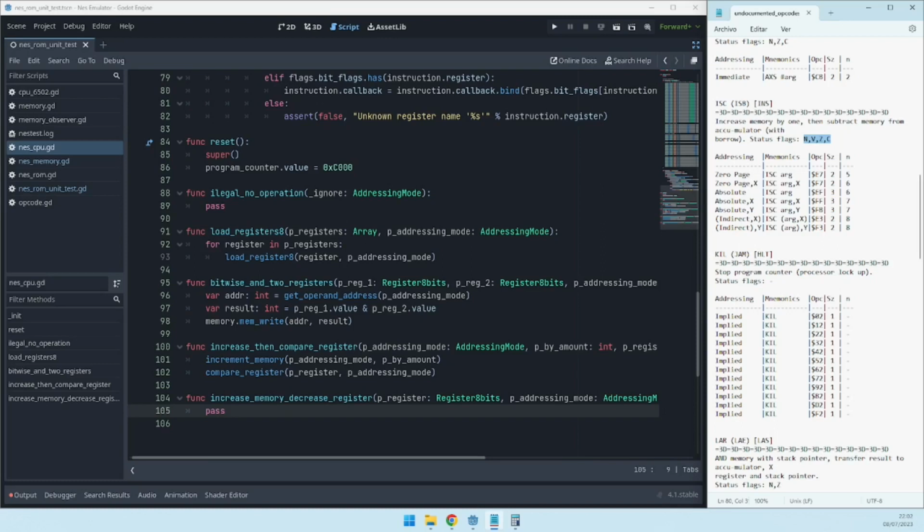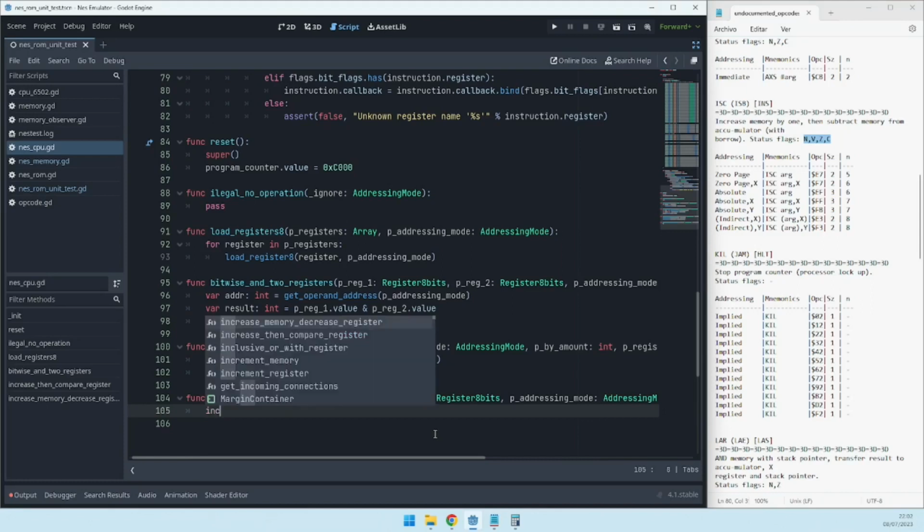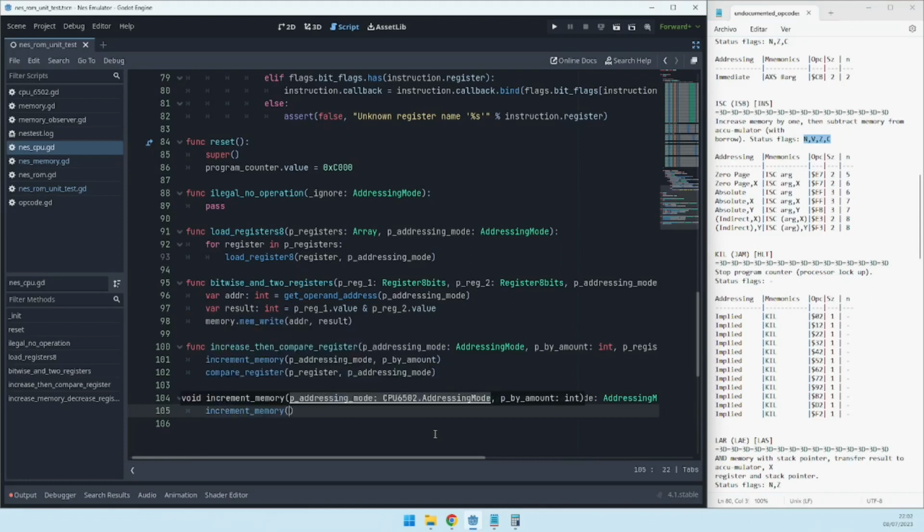So what happens if we call increment memory with addressing mode by 1? It is incrementing.